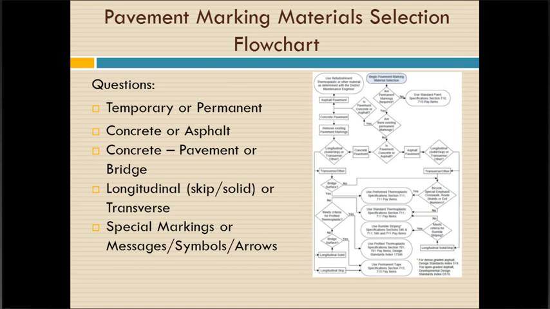If you're working with concrete, it's going to split again. It's going to talk about if you're dealing with just concrete pavement, or are you talking about bridges with concrete surfaces? Once you get past that decision, then you're going to go into types of lines and which material to use. Same thing will be for special markings, messages, symbols, and arrows.